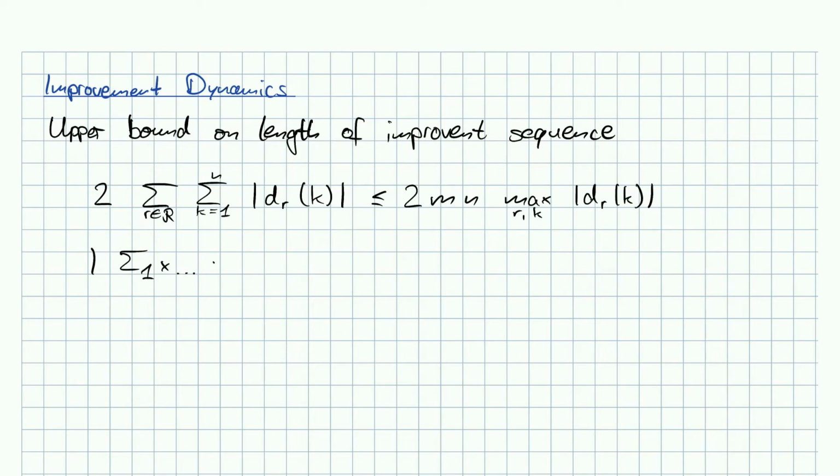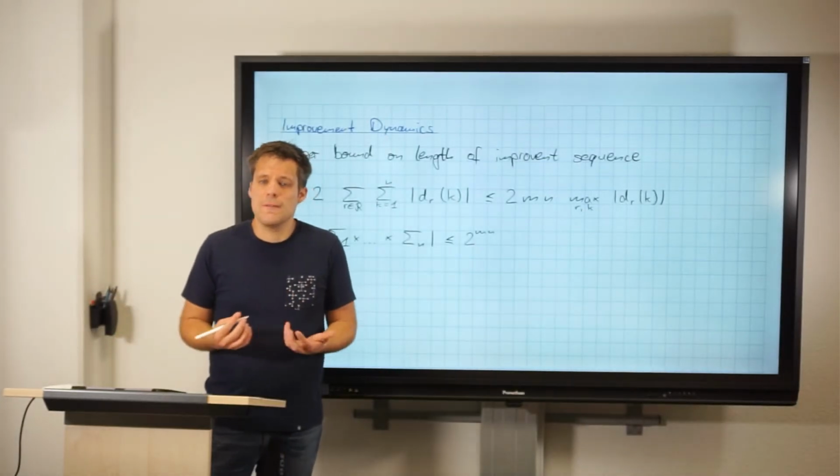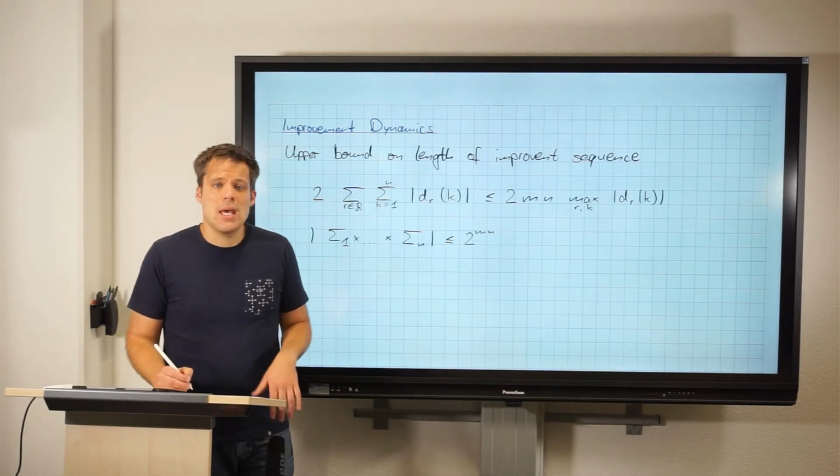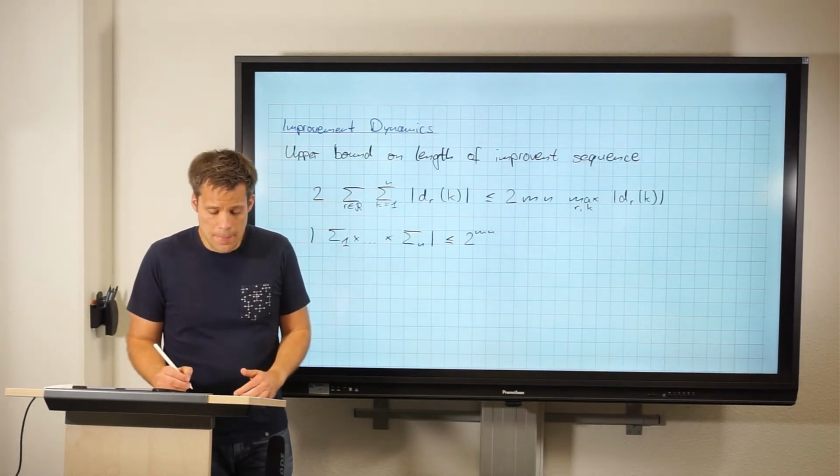The number of states is just the cardinality of the Cartesian product of all strategy spaces. So this is upper bounded by 2 to the m times n. So clearly this is finite, but it is not a polynomial bound in m and n.